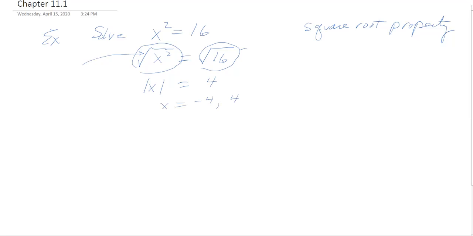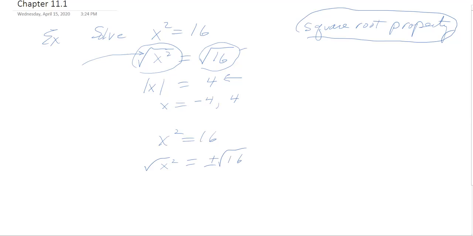So the author is just eliminating this middle step and saying, let's do the problem like this. Take the square root of this side and just put on that plus or minus as soon as you use that square root symbol.